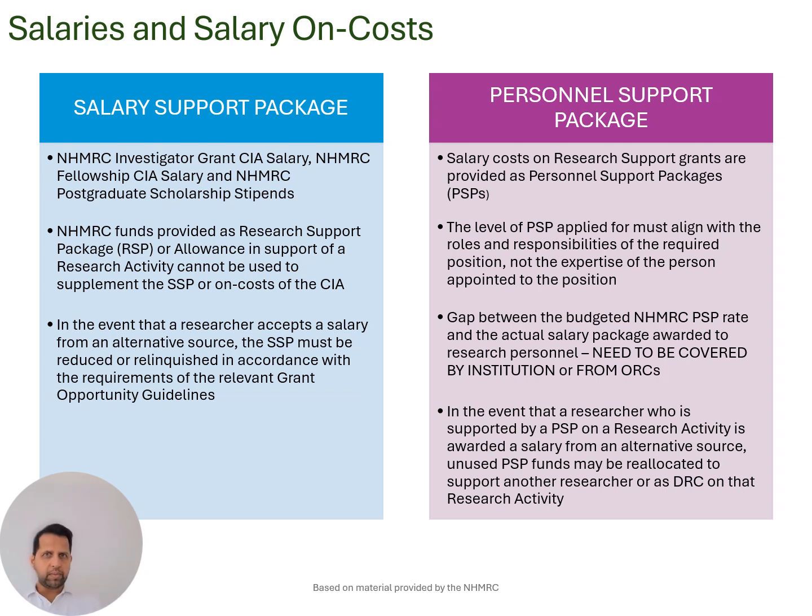Usually there's always a gap between the PSP rate that the person gets versus the actual salary at an organization. So these gaps must be covered by the institutions. RSP can't be used to cover those gaps, right? So ORCs, which is other research costs, you can't use those to cover the salary gaps.